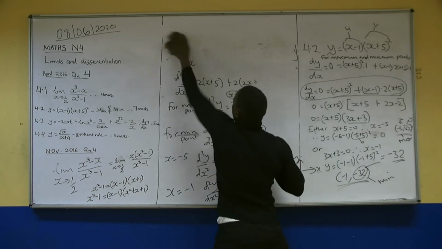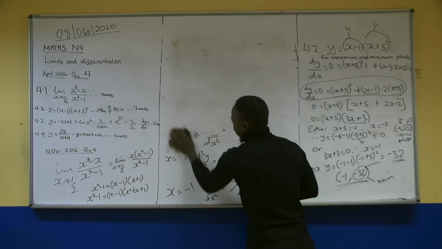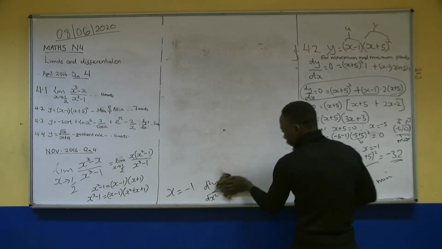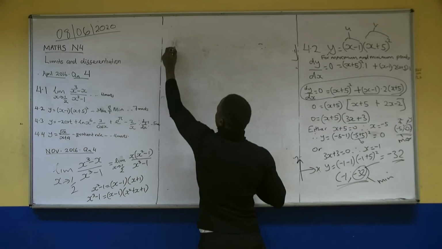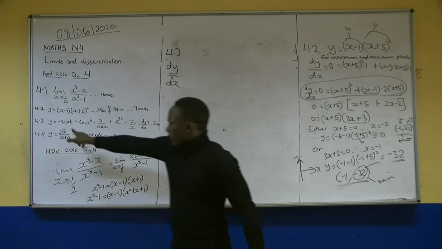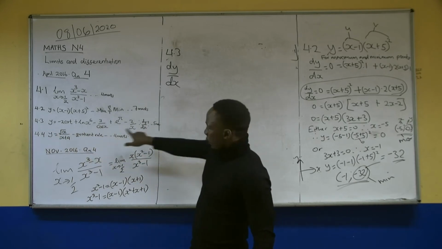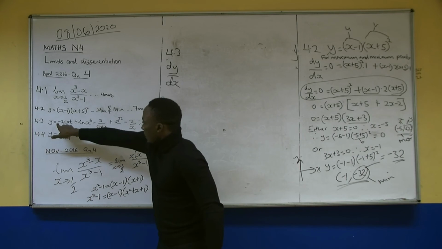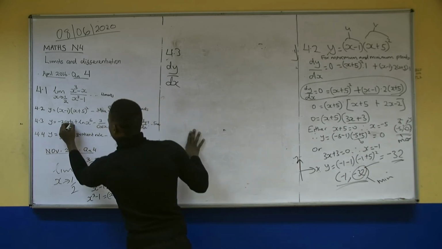If they ask us, in question 4.3, to differentiate, that's rush, because of time. If they ask you to differentiate 4.3, find dy dx, 5 marks, I'll just differentiate it.